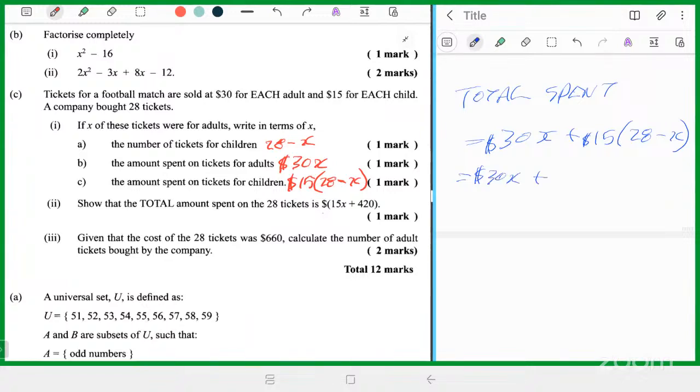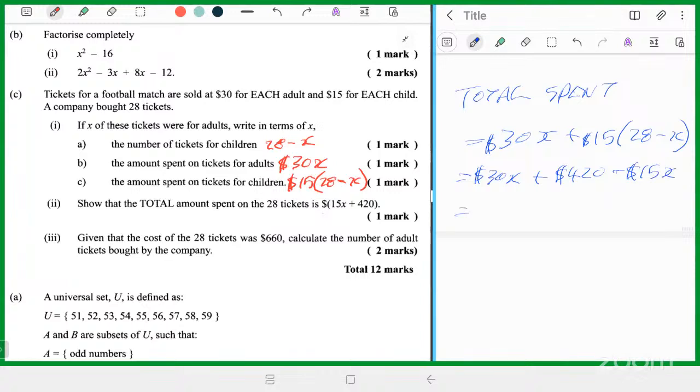plus, let's work this out now. What is 15 times 28? 420. That's $420. And then you have 15 times minus x, which is minus 15x dollars.